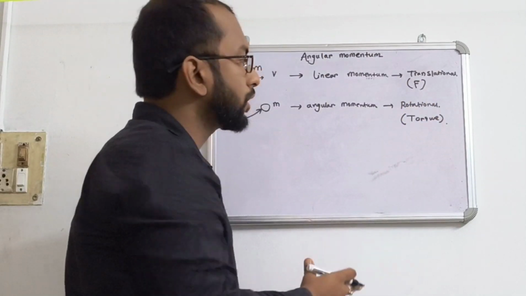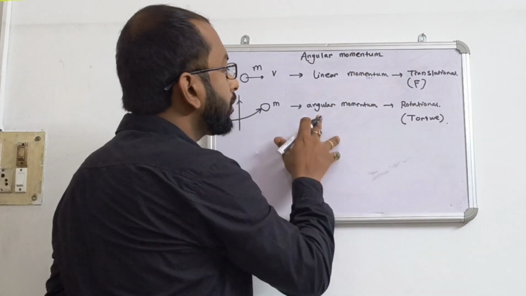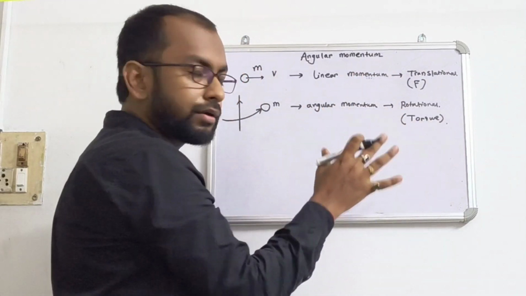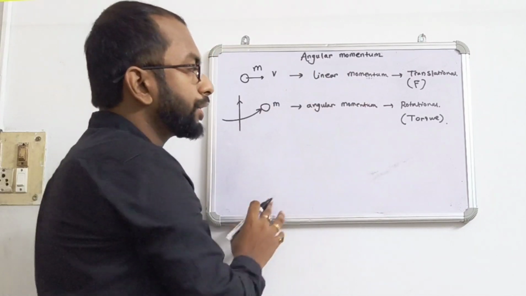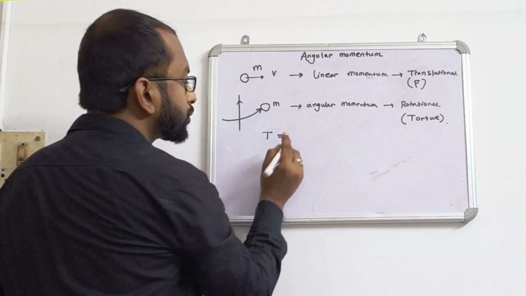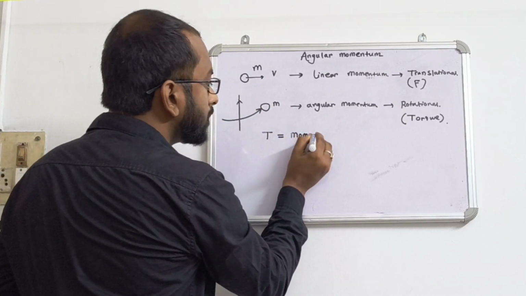Force is called the linear momentum change rate. Similarly, torque is also called the angular momentum change rate. Now we will not go there. First we will see what is angular momentum. Before going there, we know what torque is. Torque is moment of force.